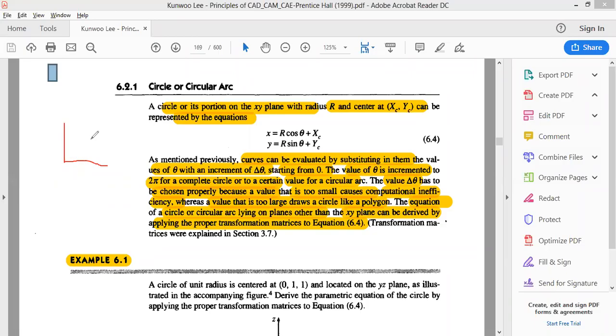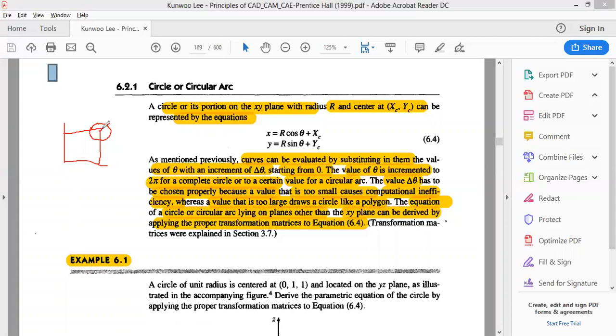What they are telling us in this paragraph is that the circle is somewhere over here and this is the radius r. The value of this point is x comma y, at a certain distance from the center of the x and y axes, right?